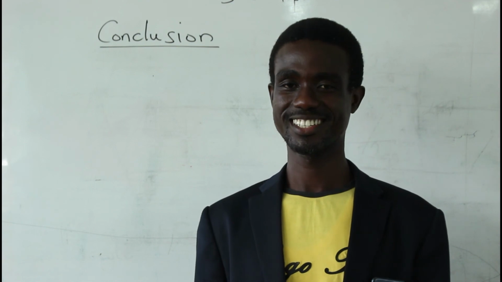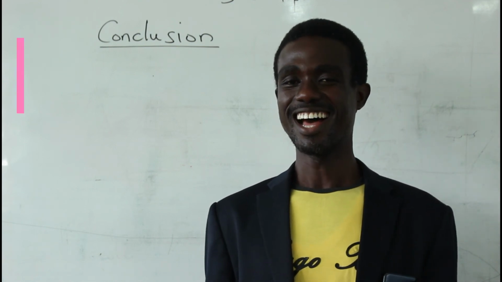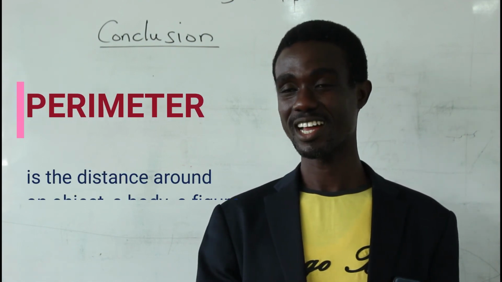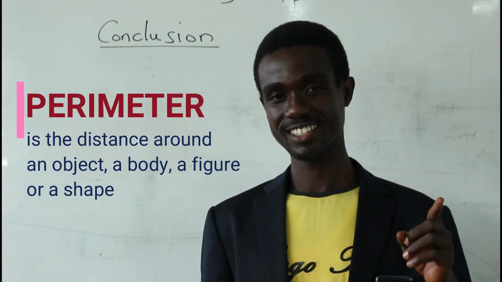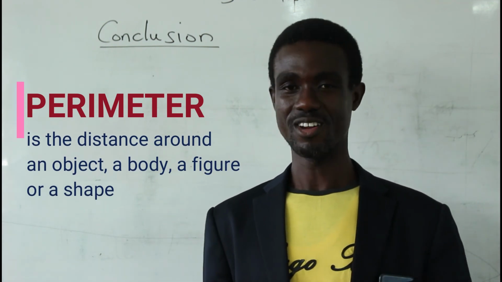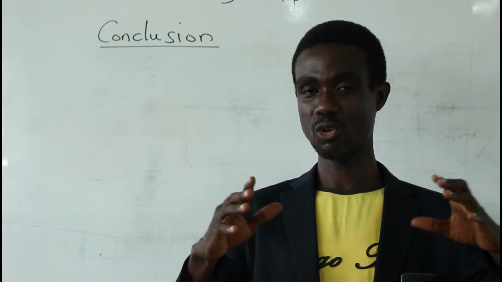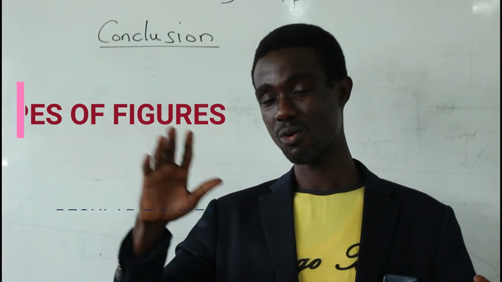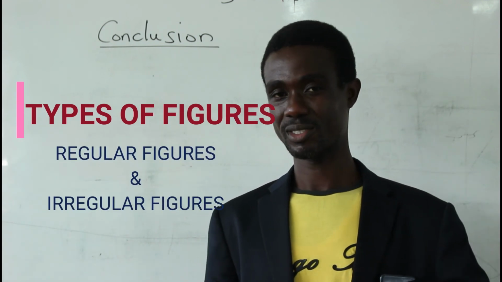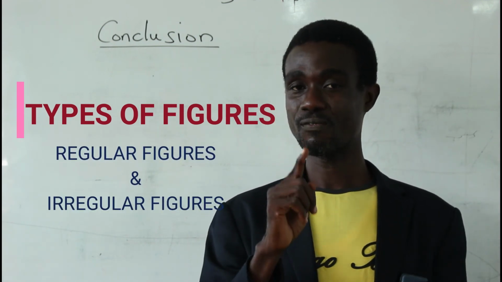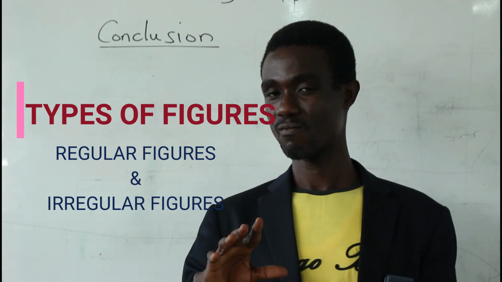So, in conclusion, a perimeter is the distance around an object, a body, a figure, or a shape. Don't forget that. And there are 2 main groups of shapes. You have the regular shapes and the irregular shapes. And I told you that finding the perimeter for a regular shape is very simple.